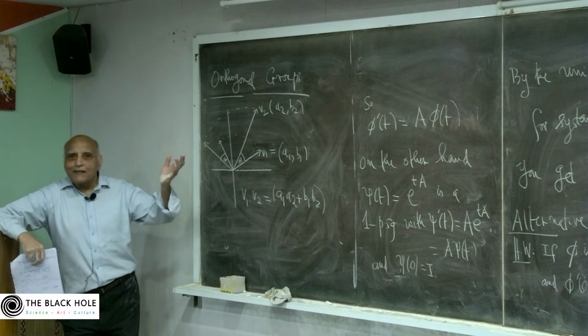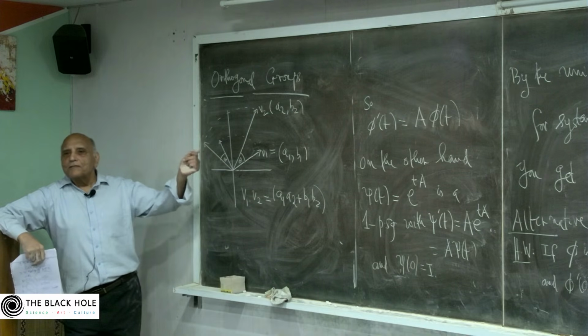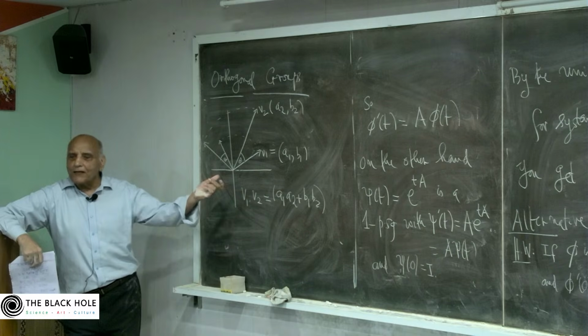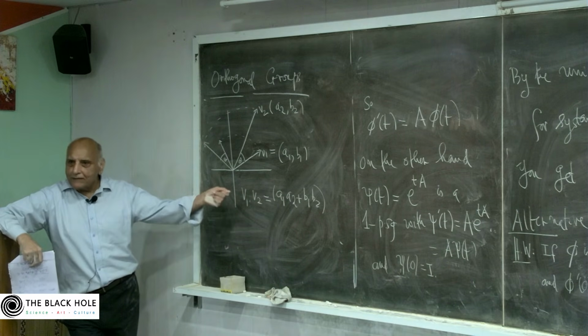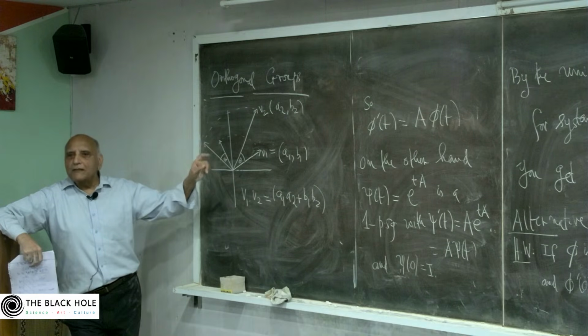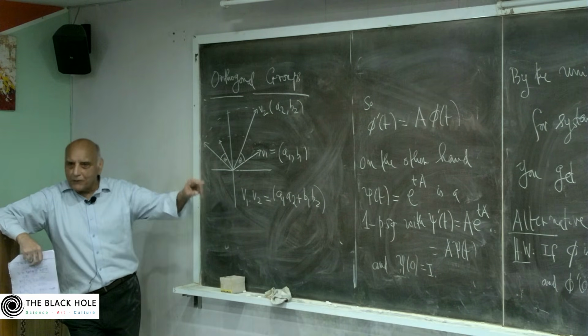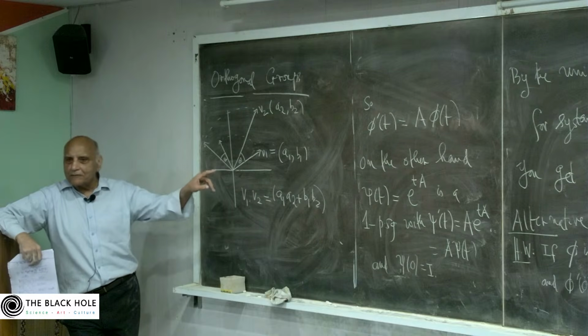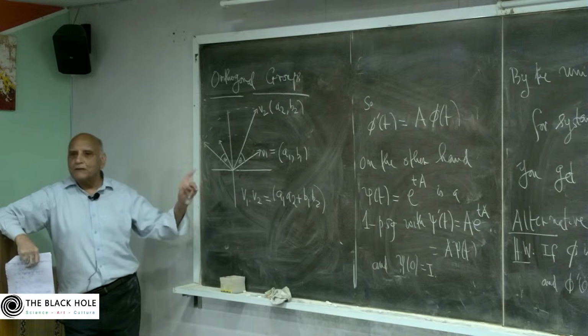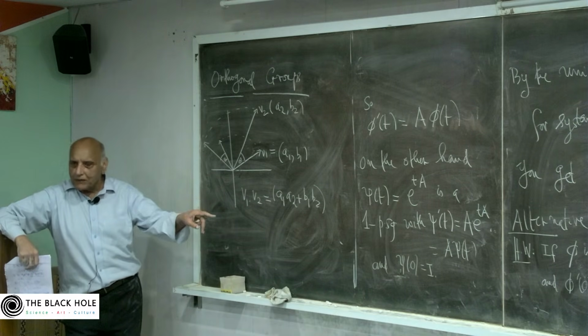Do you know that if I take two numbers, x and y, x times y is linear in x? x1 plus x2 times y is equal to x1y plus x2y, and x times y1 plus y2 is xy1 plus xy2, right?